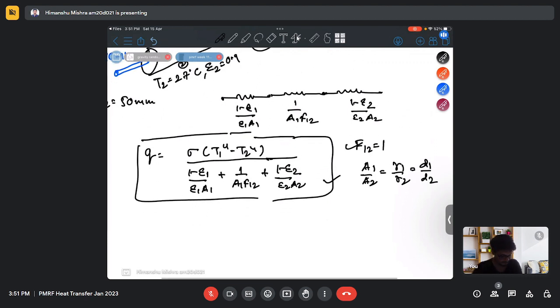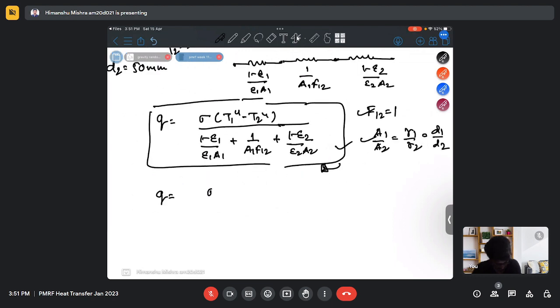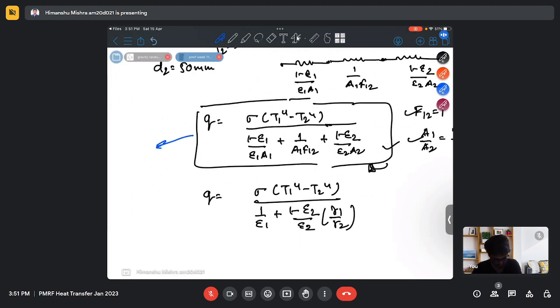So when we put these two conditions into this expression, it reduces to 1 by epsilon 1 plus (1 minus epsilon 2) by epsilon 2 times r1 by r2. This is our general heat transfer relation which we got from the resistance concept, and this is for only two parallel cylinders.